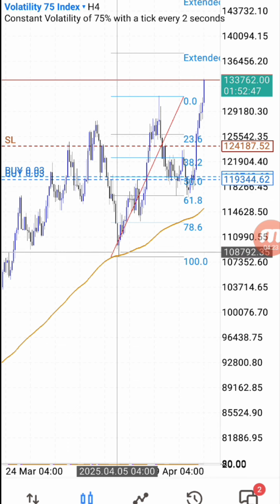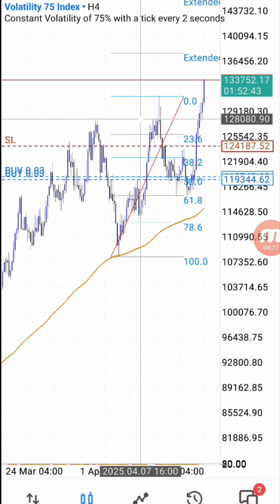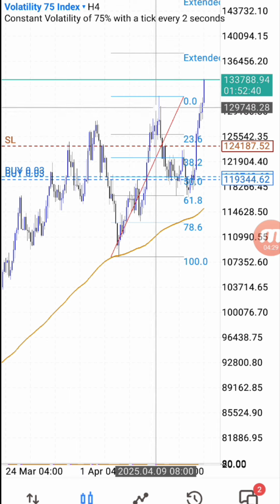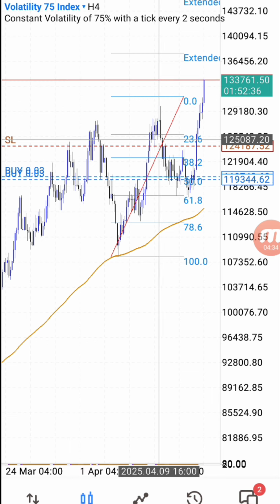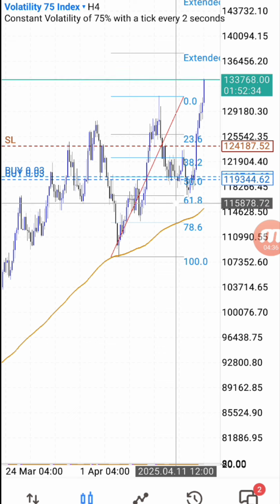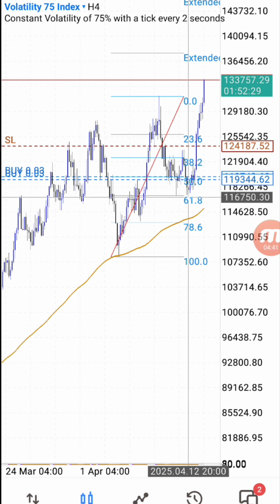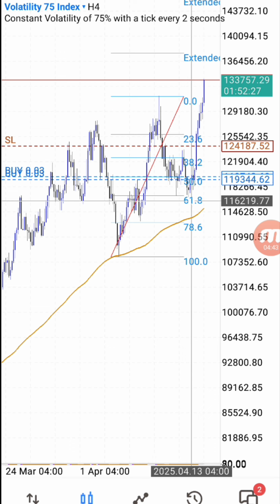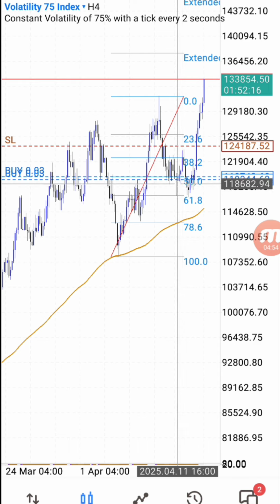Now, this whole move from here to here, when a new high was created, which was this that broke this, and then price started pulling back, I noticed that this place is going to serve as a support to it, and it's exactly at that 61.8 level, which now is a point of interest, and of course is a confluence already.